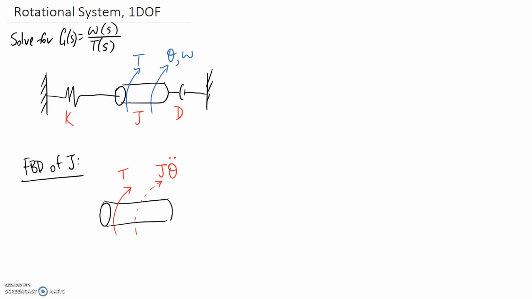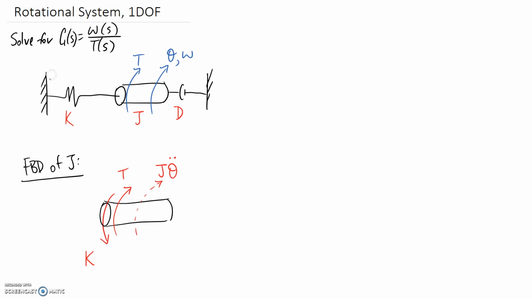So resisting this motion, we're going to have our spring and our damper. If we start with looking at the spring, it's going to try and pull us the opposite direction, opposite the direction of motion. And the size of it is going to be K multiplied by the angle that it gets pulled at.